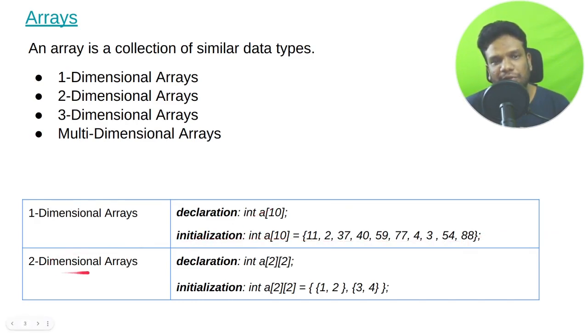For a two-dimensional array, the declaration goes like this: a of 2 comma 2. By looking at this, you can clearly understand how a three-dimensional array would look. To fill this array with elements, we initialize like this: 1 comma 2 and 3 comma 4. So it is 0 0, 0 1, 1 0, 1 1. We'll look at how exactly it is stored in the next slide.